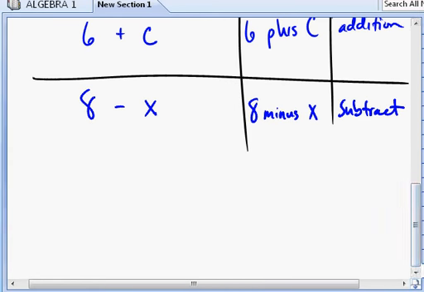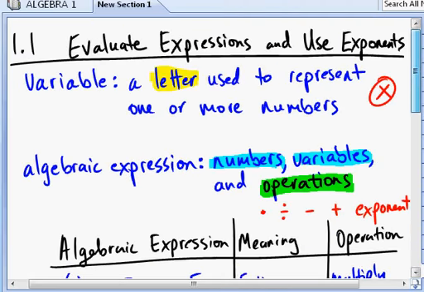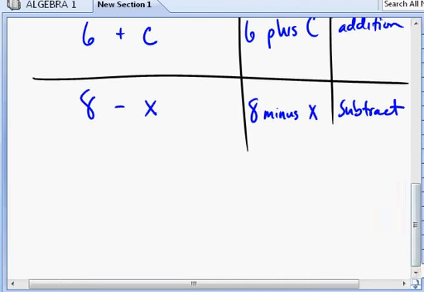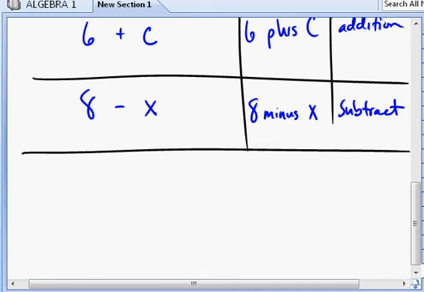Moving along. You get it? All right. So we got those two words. We got variable and algebraic expression. And then we have this table, and then below that, right, evaluate an algebraic expression.